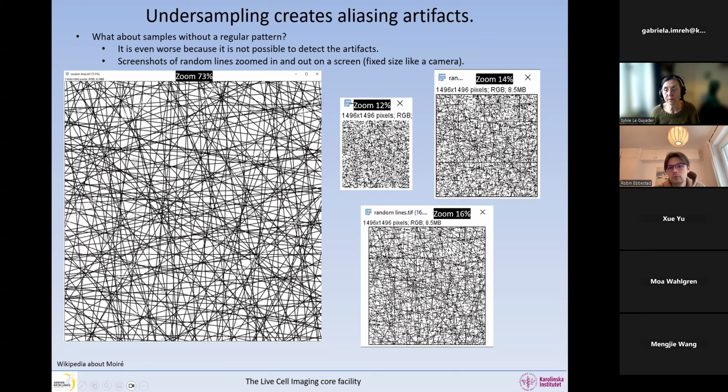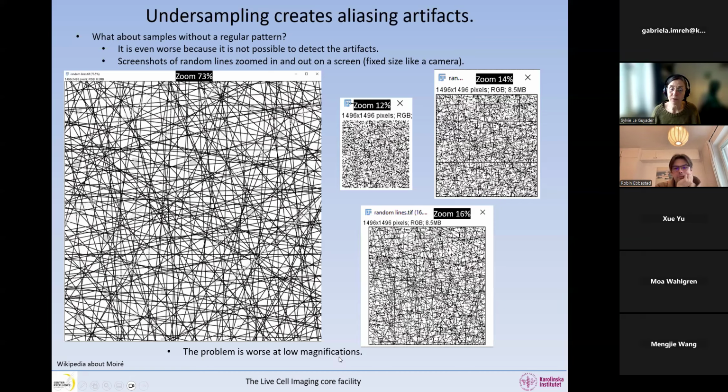So when I zoom in and out, some of the lines are correctly displayed, and then the rest is all scrambled. So it depends. This is what I'm saying, that it depends on the orientation. The relative orientation of the screen versus these lines means they can be sometimes well digitalized and sometimes not.